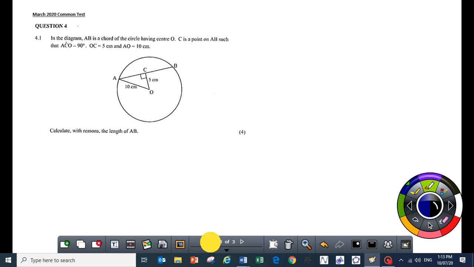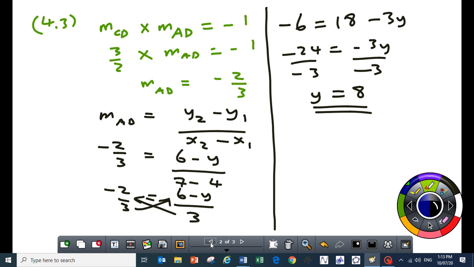So the gradient of AC is going to be, this is 4.4.